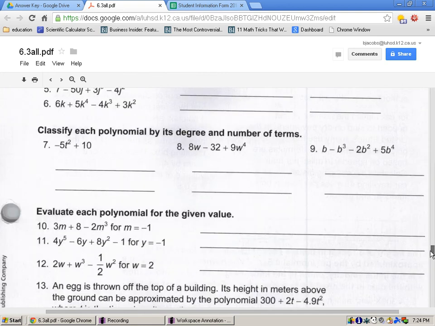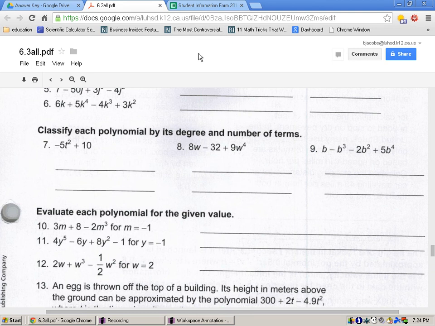Now, here it says classify each polynomial by its degree and number of terms. And so, again, we have the discussion here about the names of certain binomials, trinomials, and things like that. We haven't had a formal discussion per se, but you've had Algebra 1, and I hope that some of those terms are fresh in your memory.